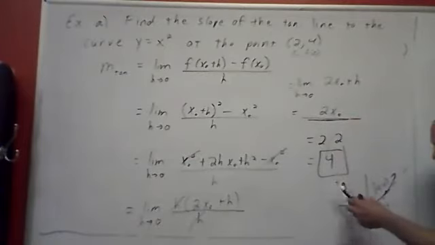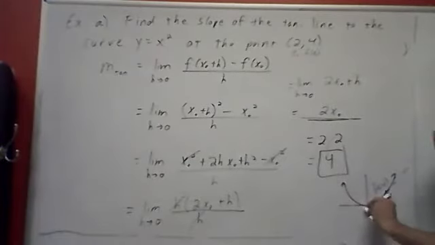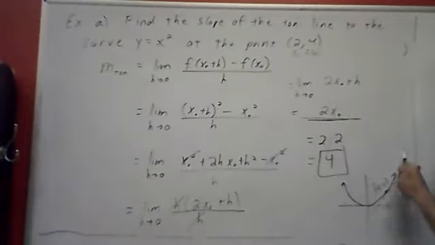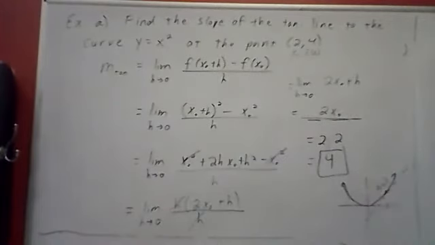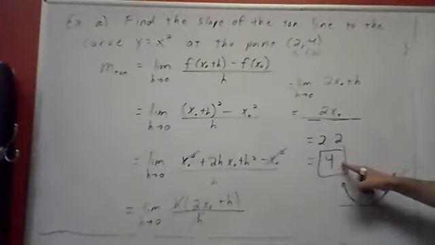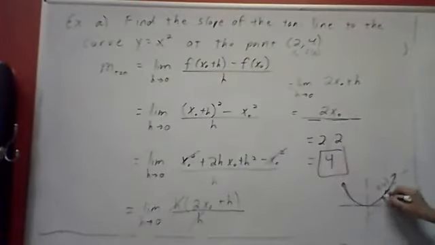So it gave me the formula for the slope of the tangent line at that point, at that point, and so forth, okay? So this is just a formula for the slopes of all the tangent lines to this curve, like this one, this one, this one, and so forth. Where this gives you the slope of the tangent line at that particular point, 2, 4.